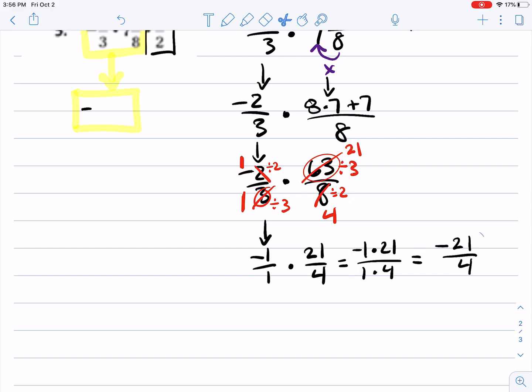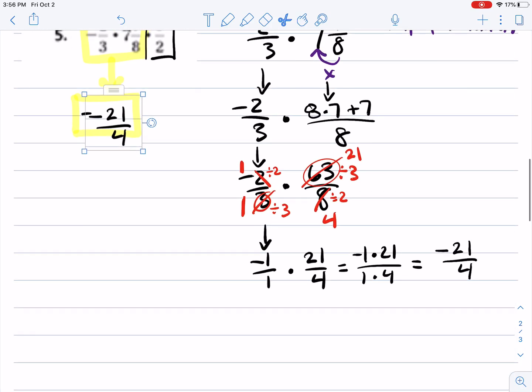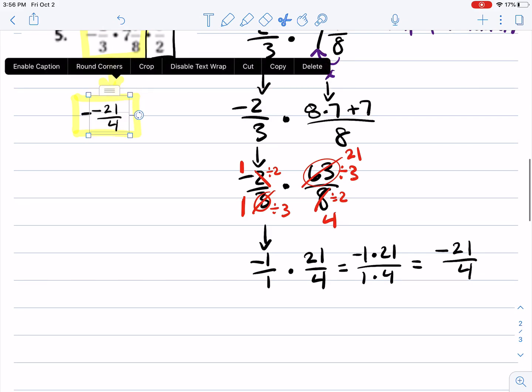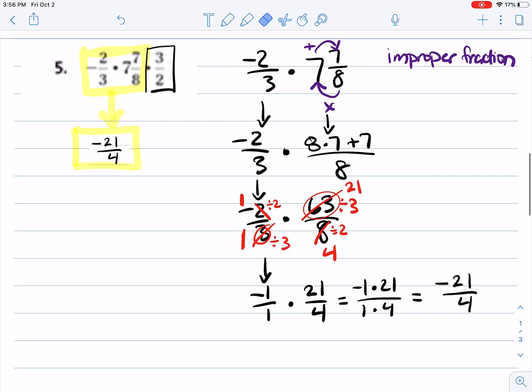So I'm going to take this number that I got, and that is all going to go inside my yellow box. And I don't need that subtraction, or that negative sign anymore because I included it. I didn't forget. I'm going to bring this down, multiply 3/2. And now we are on to our next multiplication problem.